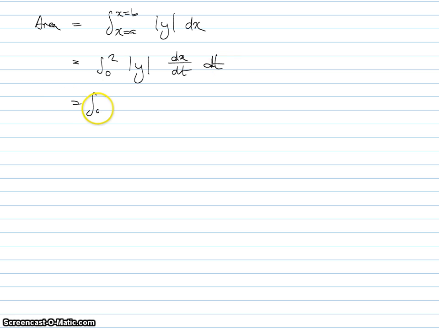What does that give me? 0 to 2, absolute value of 2t cubed minus 8t, times dx by dt, which was 2 root 3t plus 4, dt.